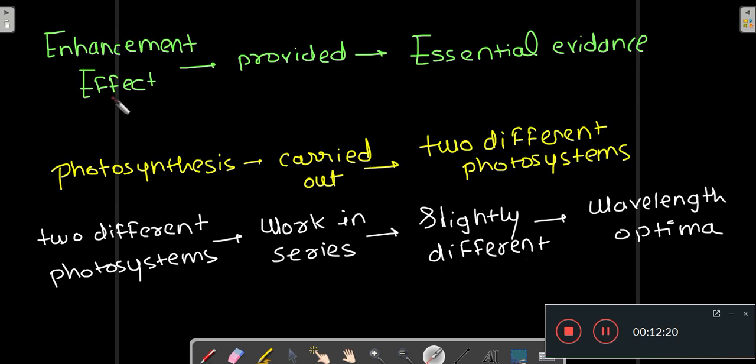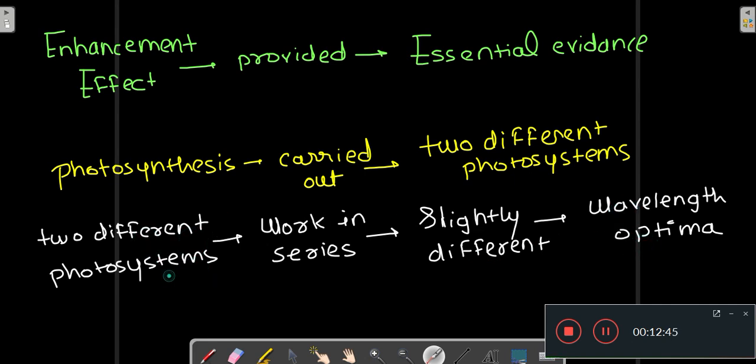Now this enhancement effect provided essential evidence for the theory that photosynthesis is carried out by two different photosystems, and these two photosystems work in series and have slightly different wavelength optima.